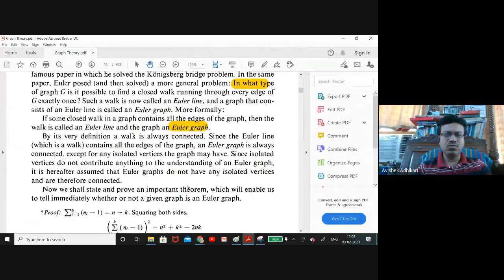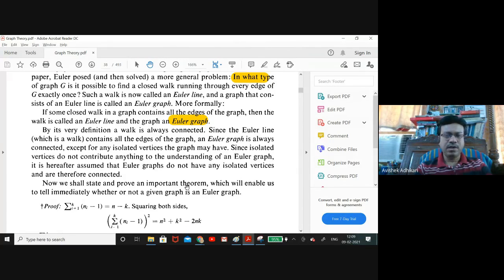Since an isolated vertex does not contribute anything to an Eulerian graph, it is assumed that Eulerian graphs do not have any isolated vertices and are therefore connected. So we consider all the graphs here to be connected for Eulerian graphs.